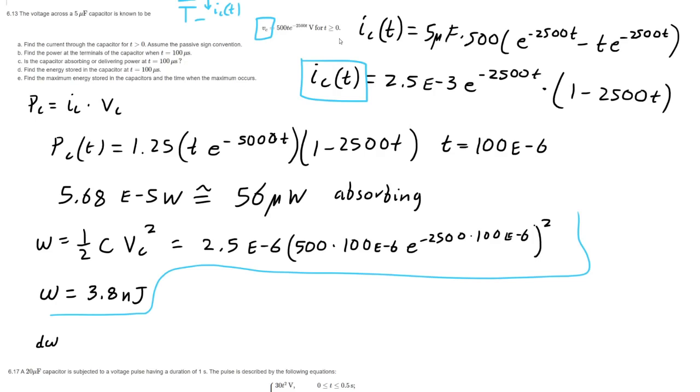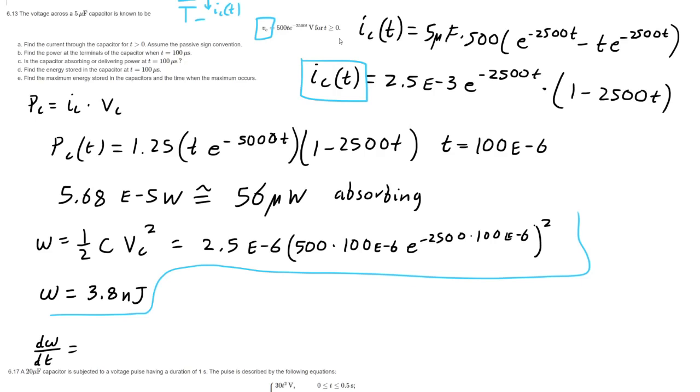So dw/dt is going to be 2.5. It's product rule, and I'm just using my calculator for this.